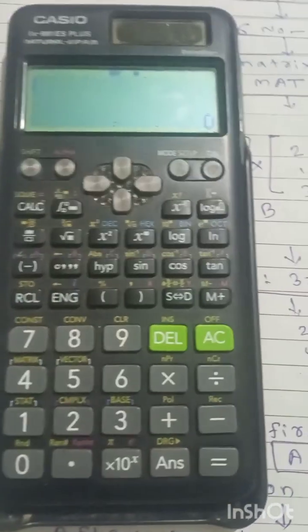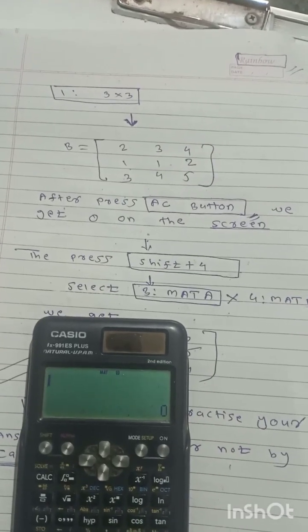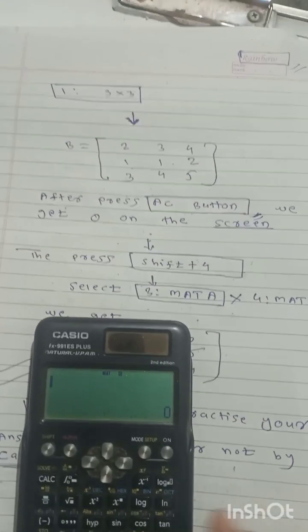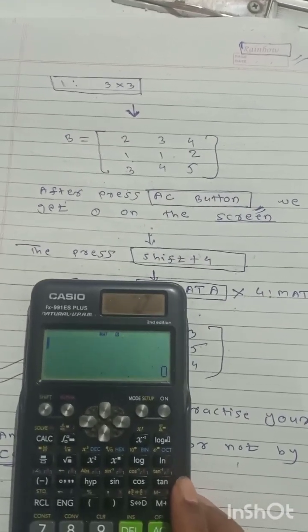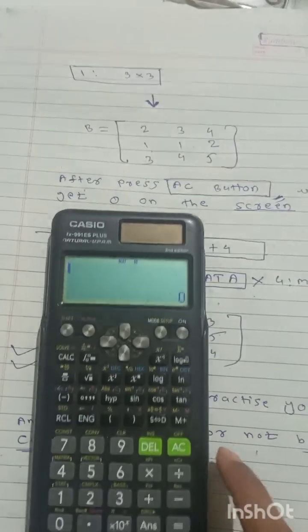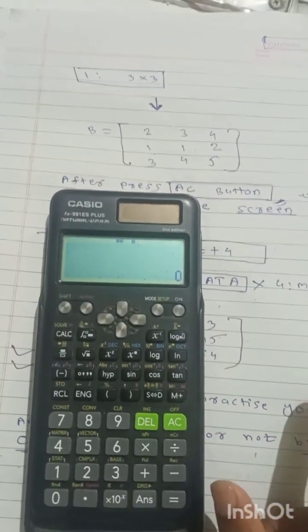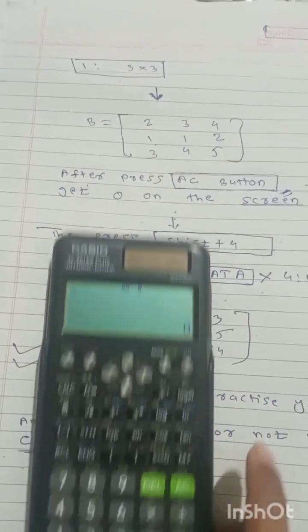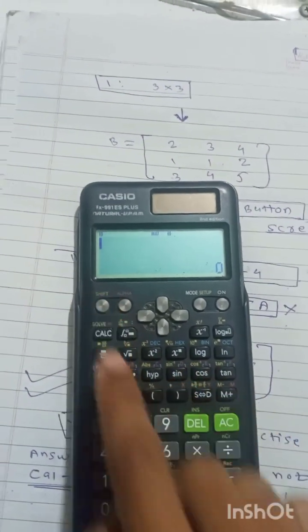Then press shift 4. After putting in the values of the A and B matrices, press shift 4.